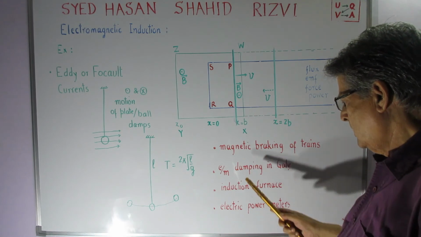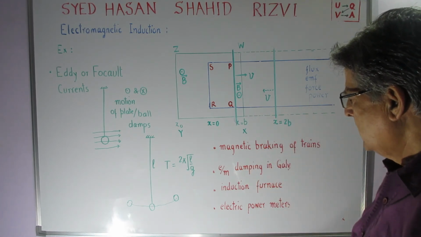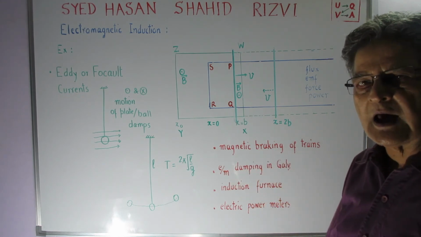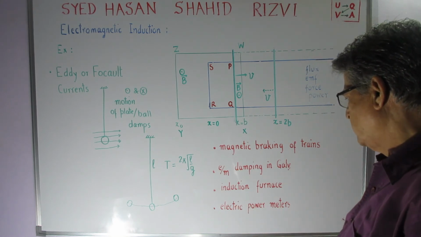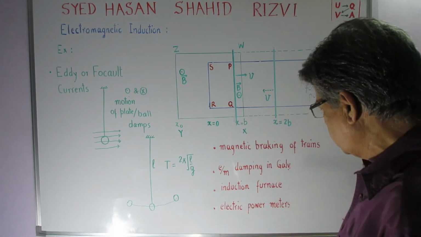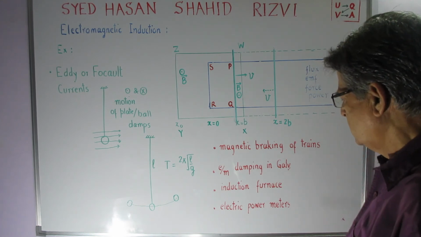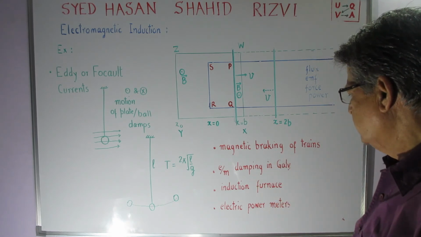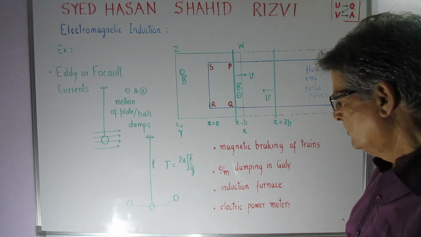So, brakes. Number 2, they can be used for electromagnetic damping in certain galvanometers, particularly the throw type of galvanometers which keep on moving and we want that to stop. So some kind of a tapping arrangement is there by which the damping is introduced and the galvanometer deflection is brought to a stop.